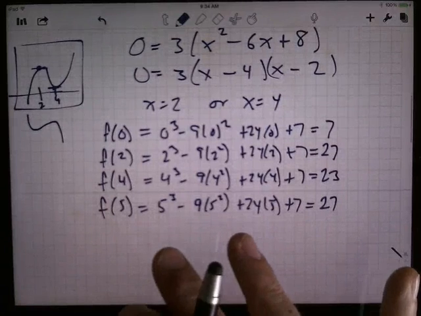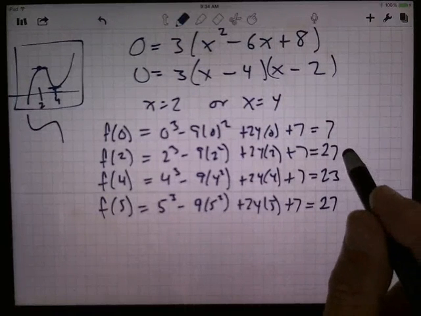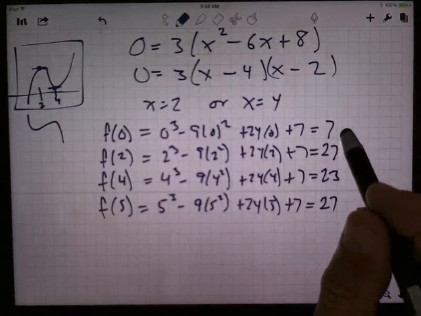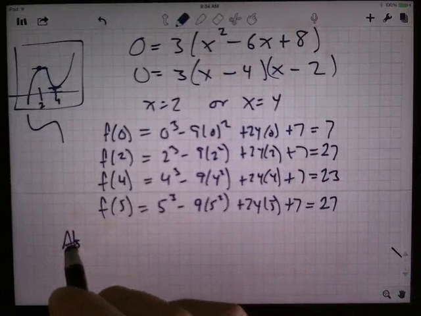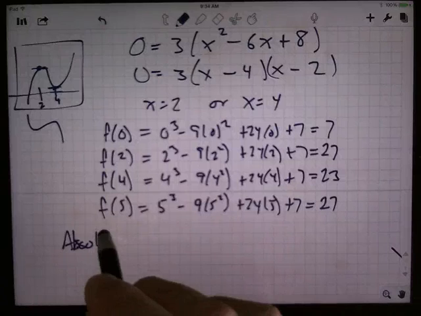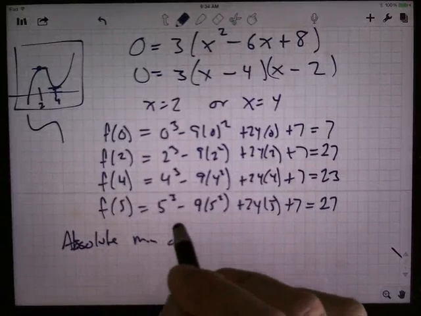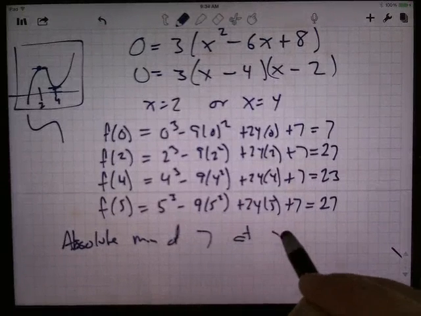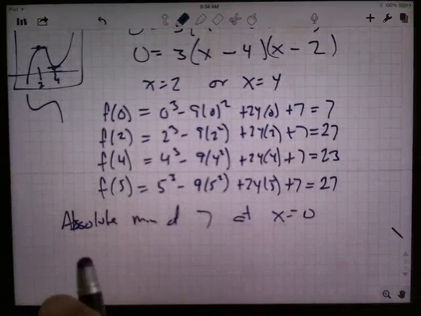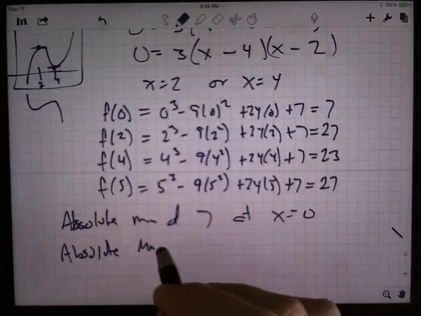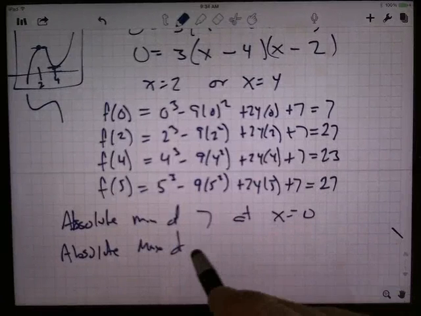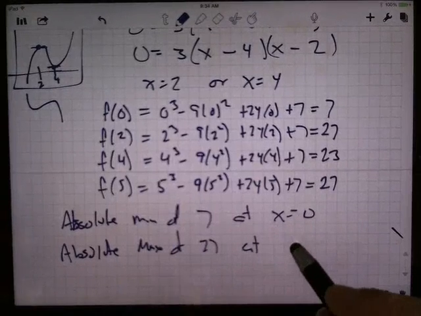So what do I see here? I see the absolute min of 7 at x equals 0. I have an absolute max of 27 at actually two different places, right?